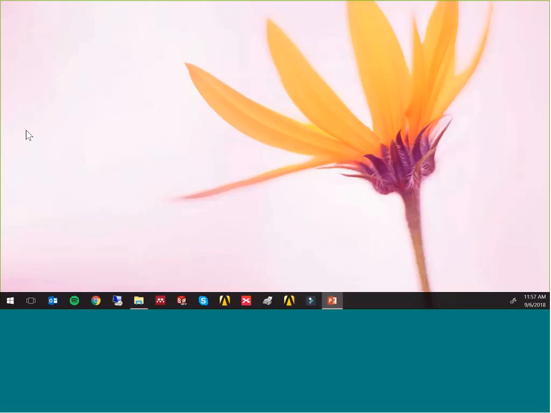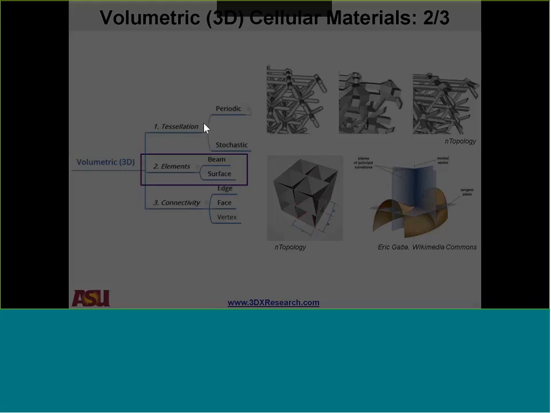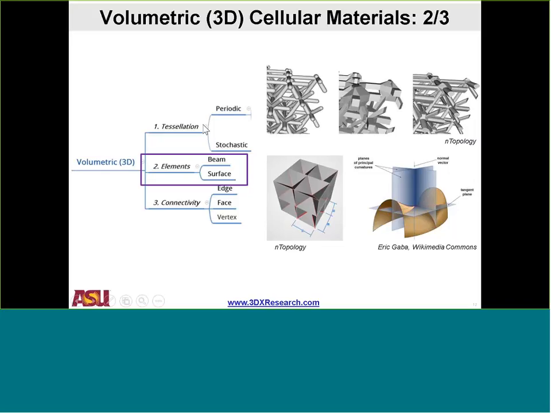What is the difference between a lattice and a cellular material? Oh, that's a very nice question. For a long time, I used to use the word lattice as a way to describe structures that are truss-based or have beams as their basis. So to me today, I think of lattices as a subset of cellular materials.